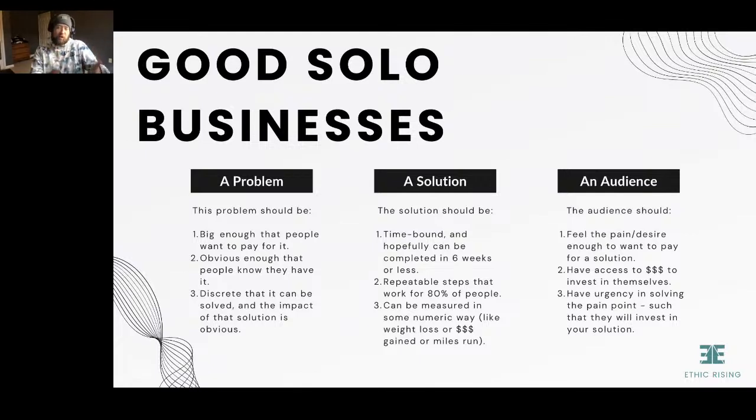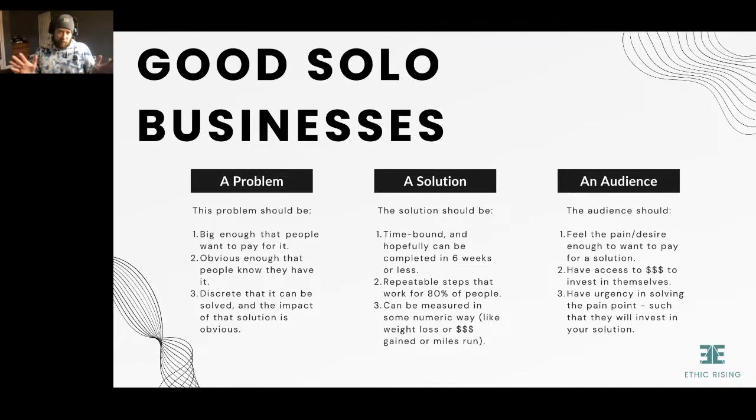And so when you're choosing a problem and you're choosing the solution to that problem, and you're choosing an audience, the problem should be something that people feel. It should feel intense. The problem should be something that you know how to solve in a short period of time, 6 weeks or less. And then an audience should feel like, I need this solved in the next 6 weeks, because if I don't get it solved, something bad will happen, or I'll continue to feel that pain.